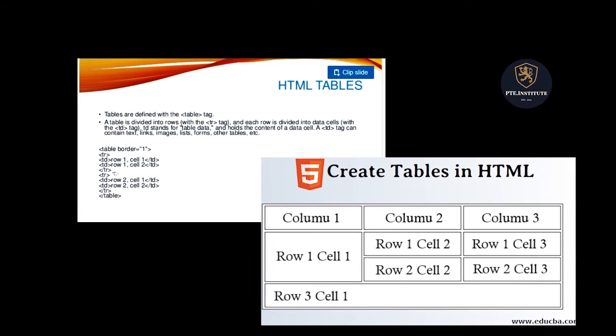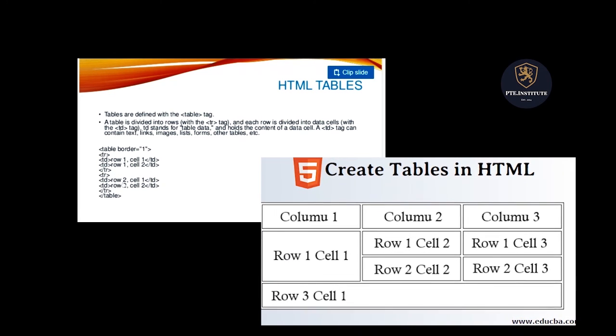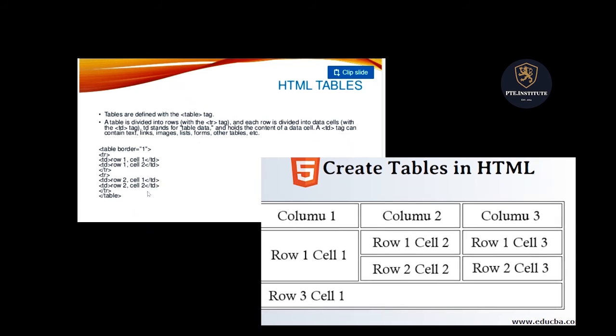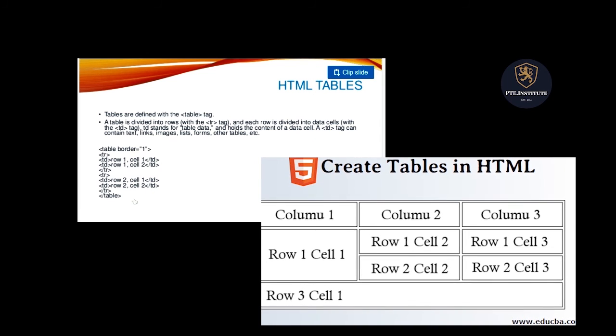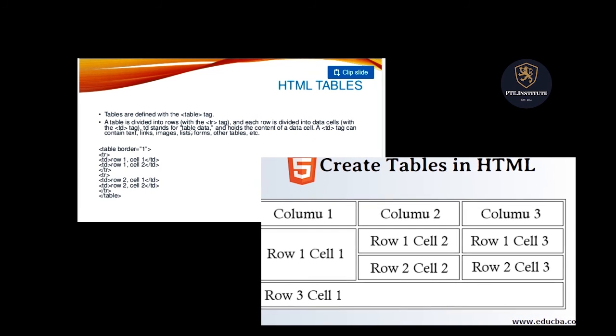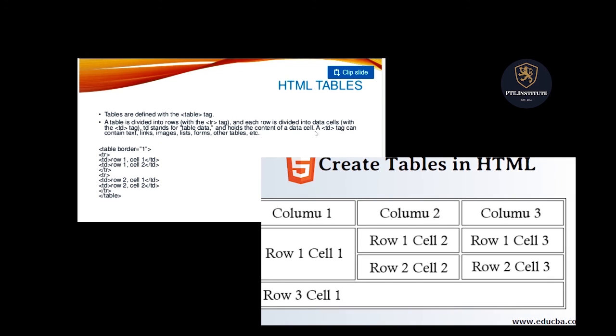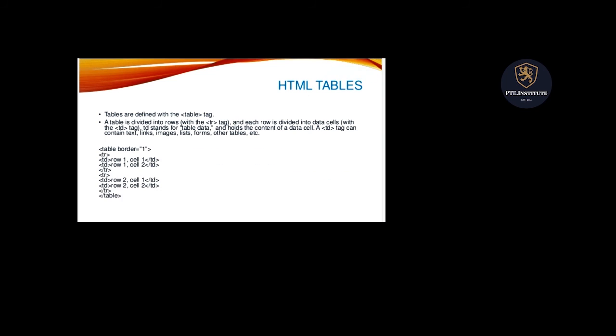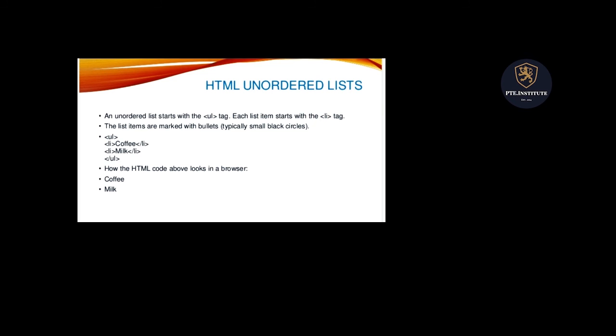Then again the next row starts, the second row, with row 2 cell 1, and so on. TD stands for table data and holds the content of a data cell. The TD tag can contain text, links, images. This is just an example. I might have tricked myself with column or row, but if you practice it, it will be quite clear how to play around with these tags.